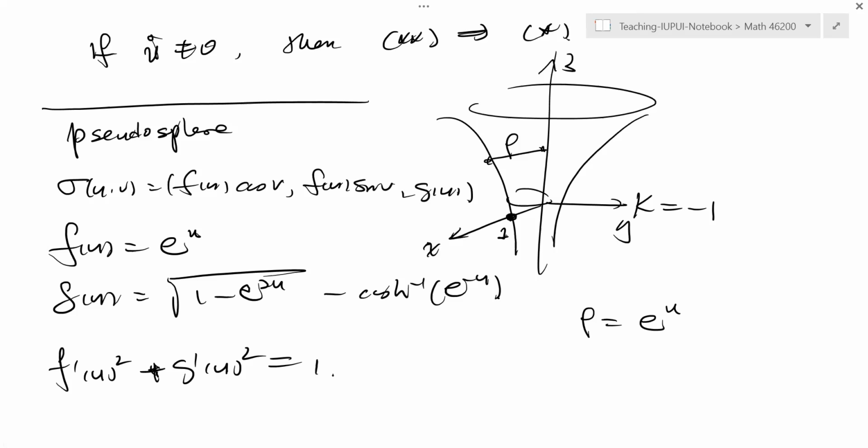We have to assume that u is always negative, so u goes to negative infinity.